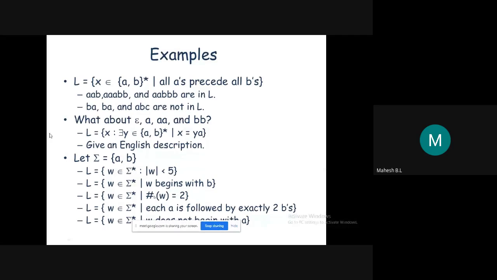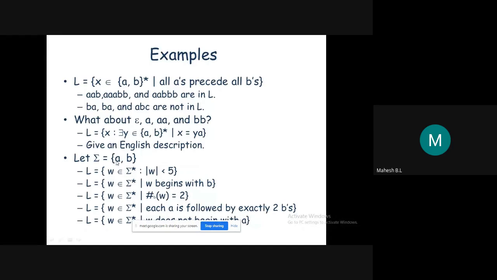Sigma star means all those strings which are formed using A's and B's. Even epsilon is a part of sigma star. Star means you can use A's and B's 0 or more times. You may use them, you may not use them. If you don't use, you get epsilon.